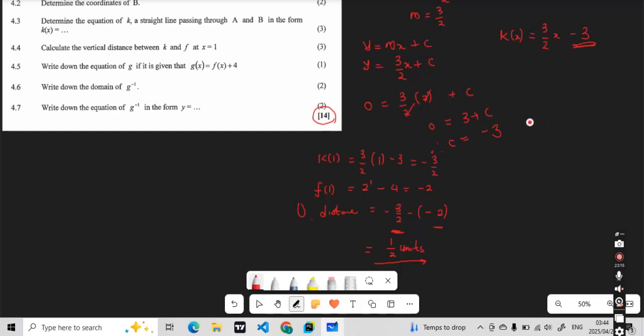So g of x is equal to f of x plus 4. Now what is f of x? f of x is the exponential, which is 2 to the x minus 4, plus 4. Therefore, this one and this one go away. We are left with 2 to the x.